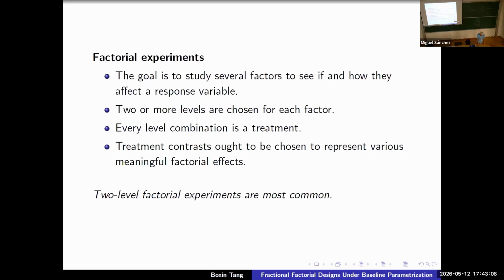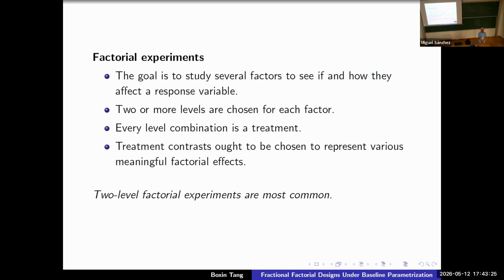Now come to factorial experiments. In factorial experiments, the goal is to study several factors to see whether they have any effect on the response variable.